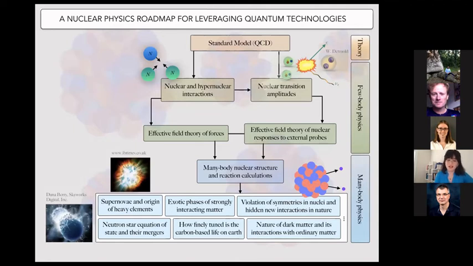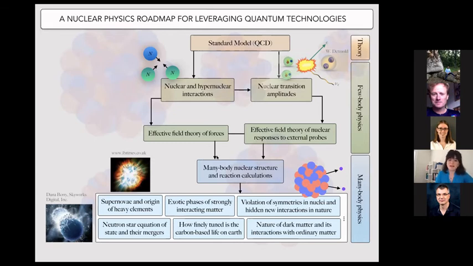This is a matching program that starts from first-principle calculations based in QCD using, for example, lattice gauge theory methods, trying to constrain physics at the multi-nucleon level, and then using that to constrain the effective field theories of these interactions and responses to then feed them into the many-body nuclear structure and reaction calculations.